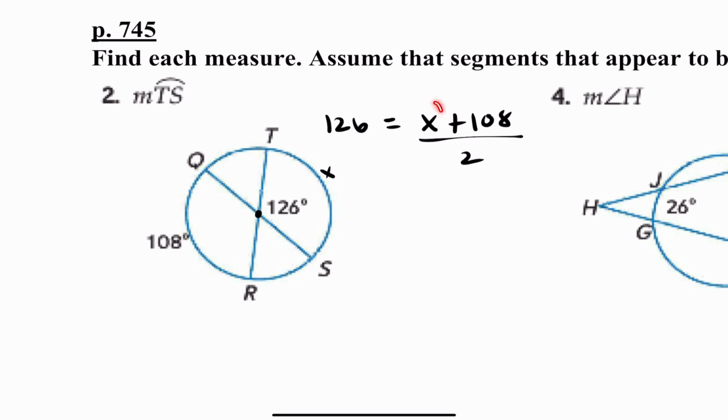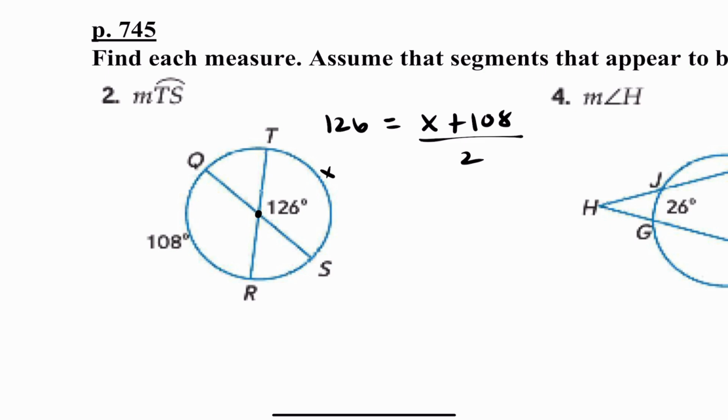So in order for me to solve for x here, I got to multiply both sides by 2 so I can get this expression by itself on this one side here. So if I'm going to multiply both sides by 2, that's going to be 126 times 2, which is 256. Again, my arithmetic is so bad, I have to use a calculator for this.